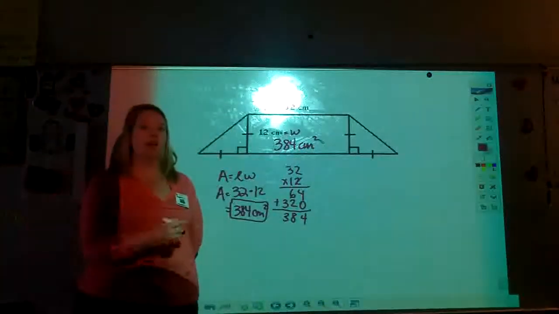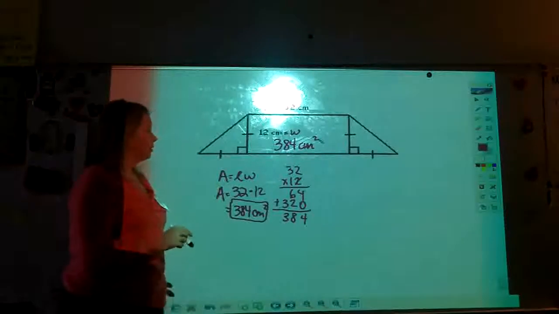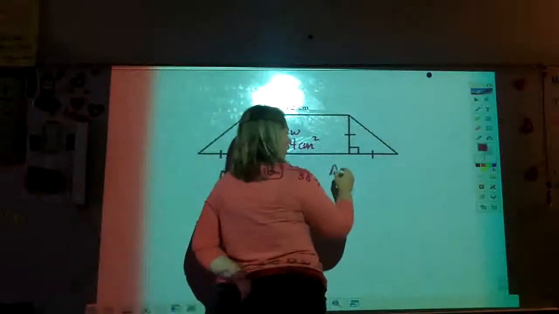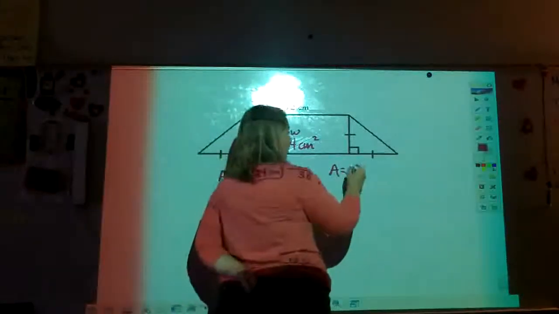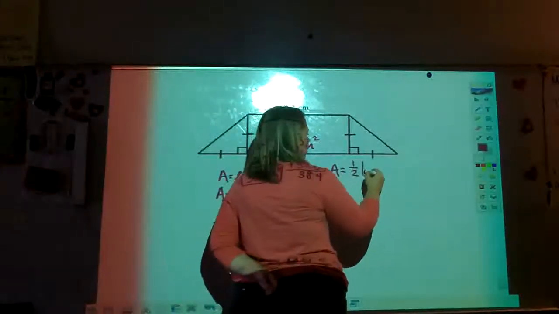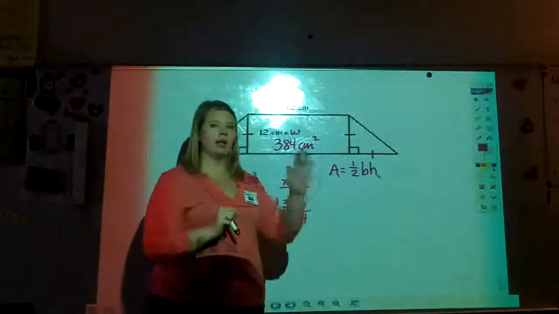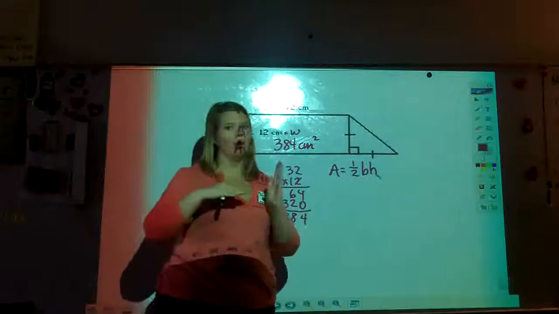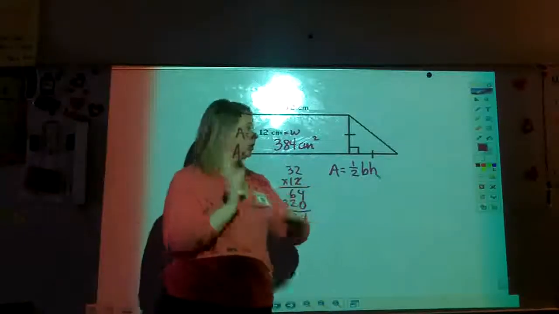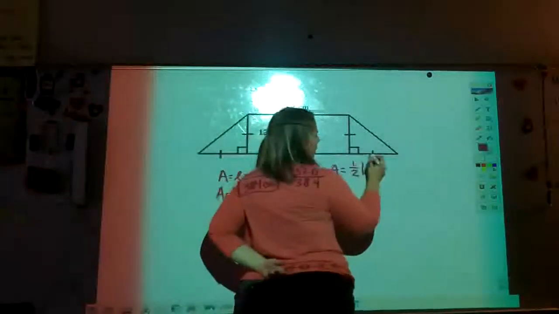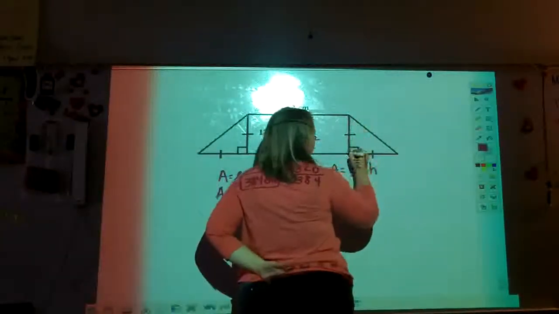Now I have to find the area of each of those triangles. So to find the area of those triangles, I know that the area of any triangle, the formula is area equals 1/2 the base of the triangle times the height. Now you have to remember that the base of the triangle always has to be perpendicular to the height. So we notice that we want to talk about this line here and this line here.